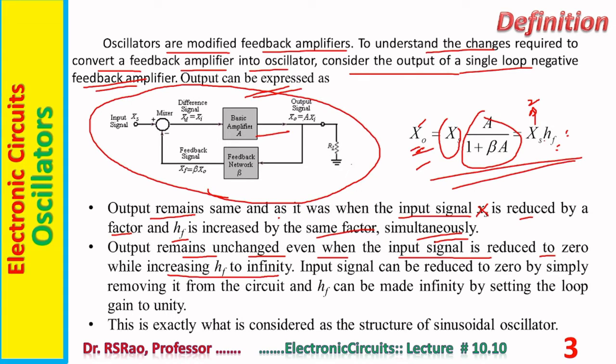So a logical conclusion of Xs increased to n times, HF decreased by n times, does not change the output. A logical conclusion of this observation is that the output remains unchanged even when the input signal is reduced to 0 while increasing HF to infinity.